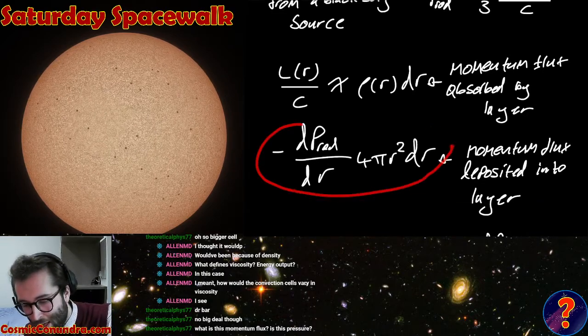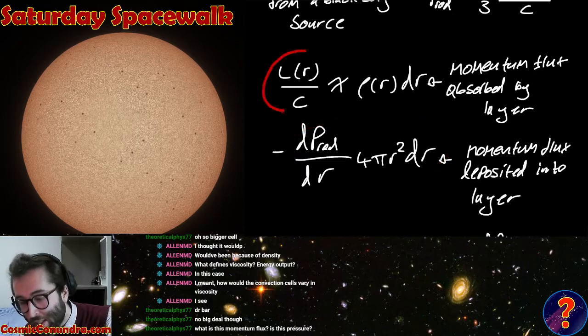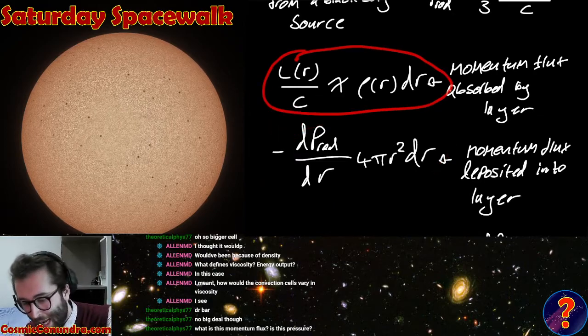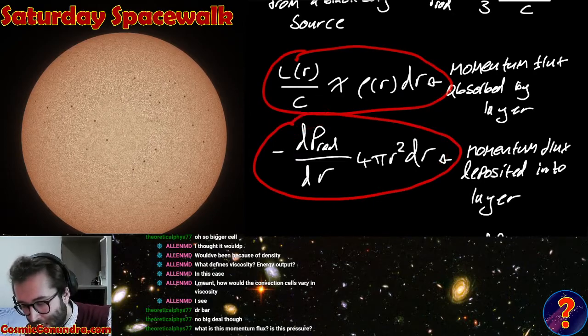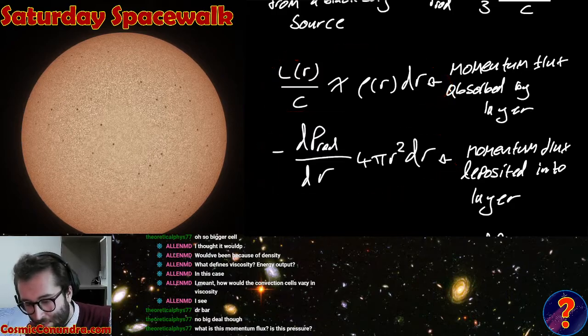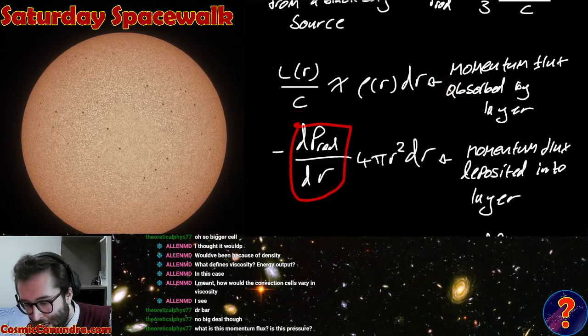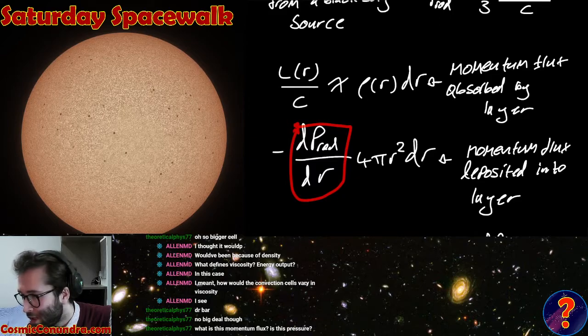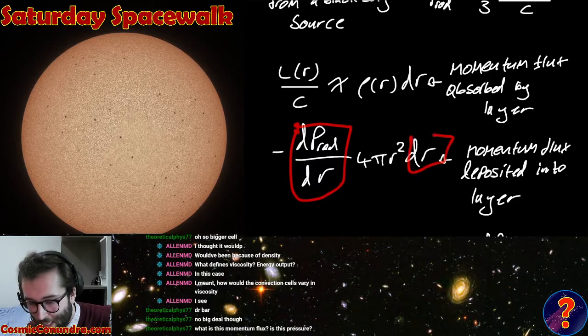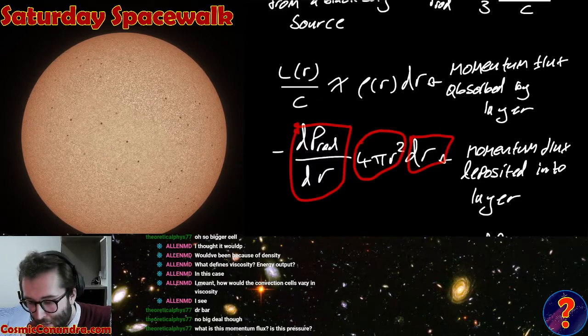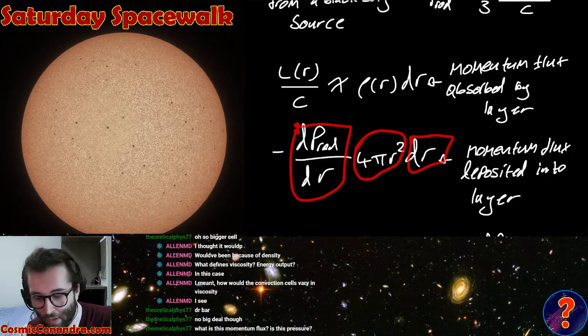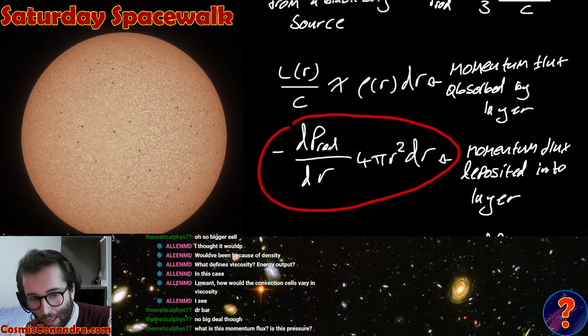And then this is how much momentum flux is absorbed, and this is how much momentum flux is being deposited. Okay, so we have this change in the pressure gradient. You have the change in the pressure gradient times the distance multiplied by the area over which it's working. Okay, so this is kind of more like a pressure-y equation.